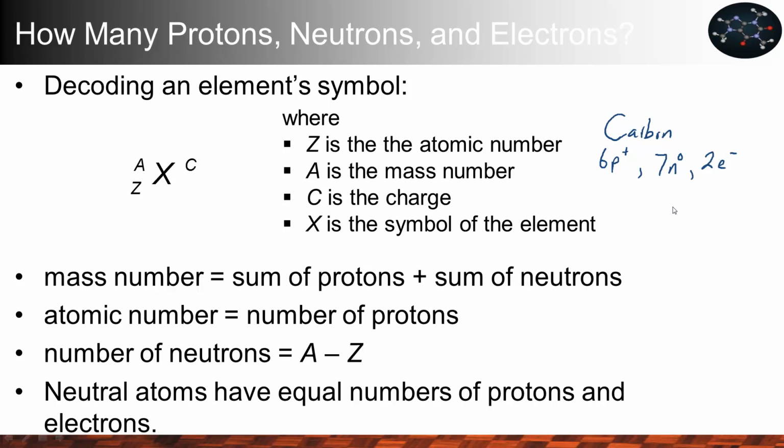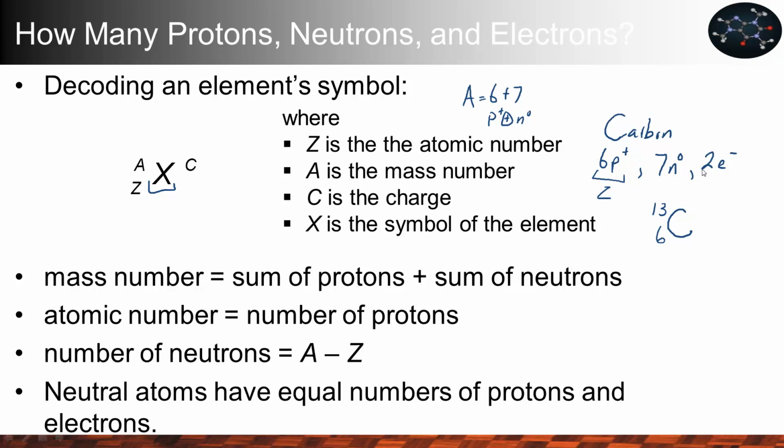So the atomic symbol for that element, carbon, is C, right? That's the X that goes in the center. Z is the atomic number, bottom left-hand corner. A, which is going to go right here in the upper left-hand corner, is 6 plus 7, number of protons plus neutrons, that's 13.